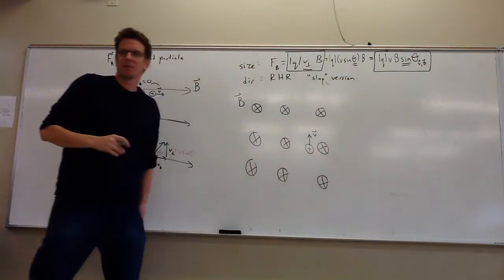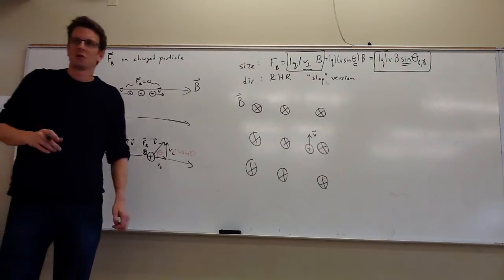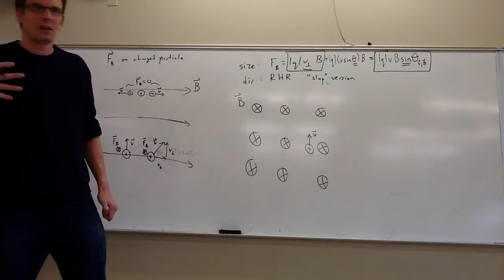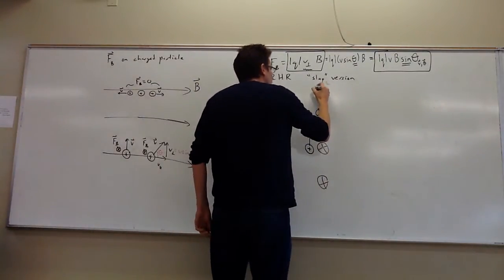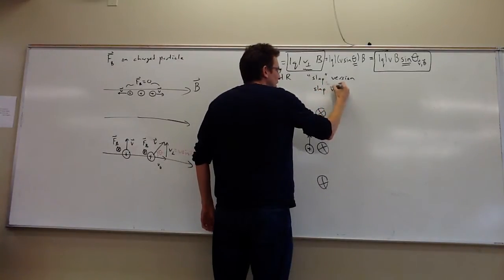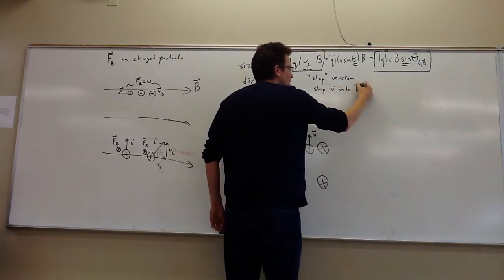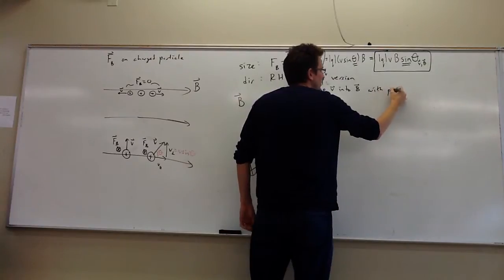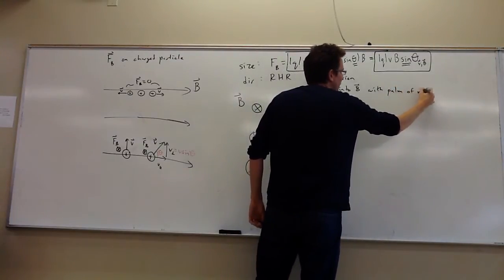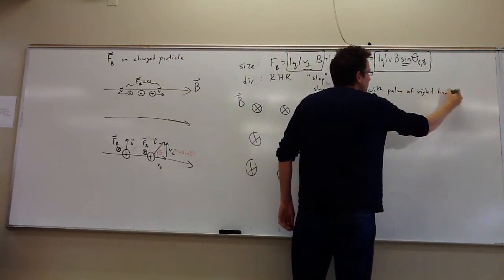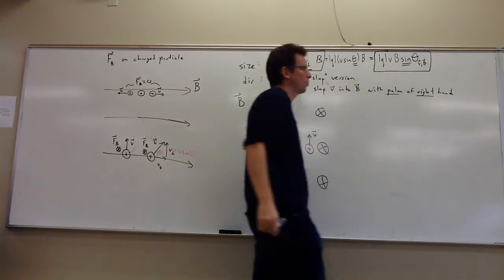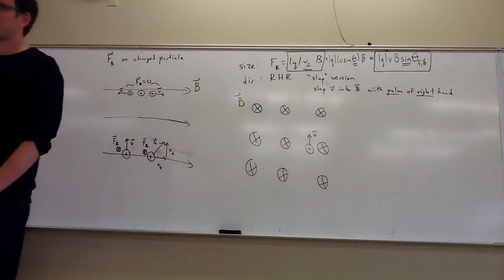So here's how it works. You use a mnemonic to figure out the force as follows. What you do is you imagine slapping V into B with the palm of your right hand. It's important that it's the palm, it's important that it's your right hand.